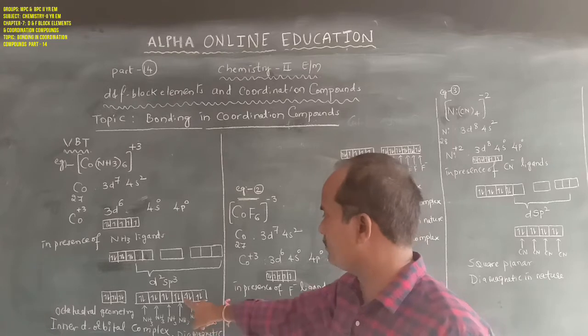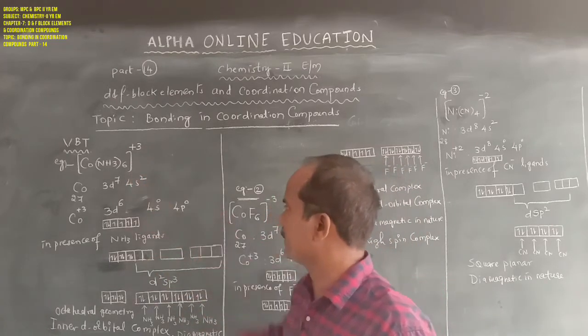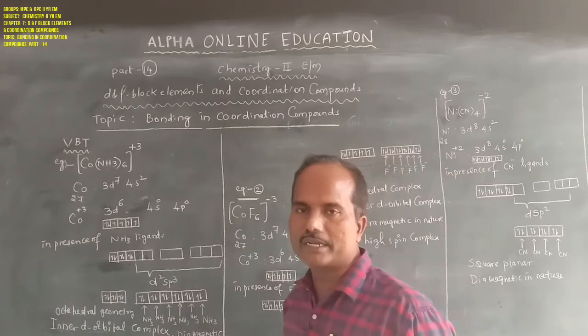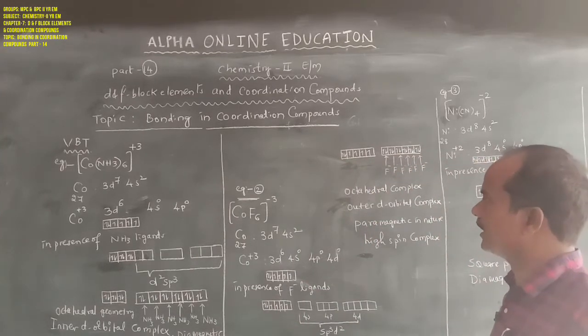There are no unpaired electrons. That's why the hexaamminecobalt(III) ion is diamagnetic in nature.